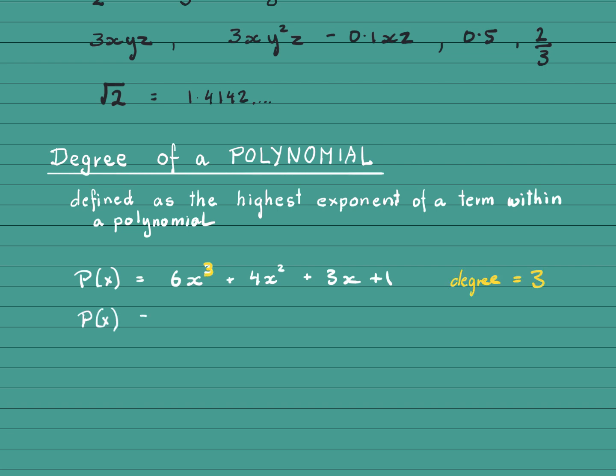And a polynomial such as this one, the degree will be 2, as this is the highest exponent or the highest power of that polynomial.